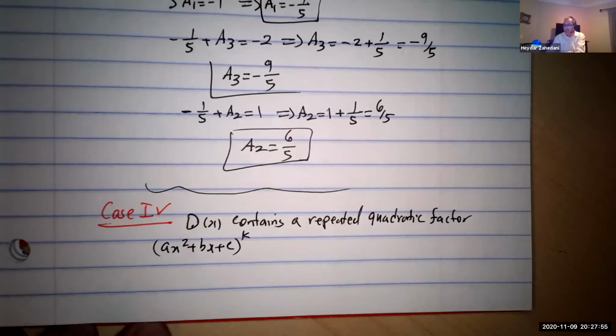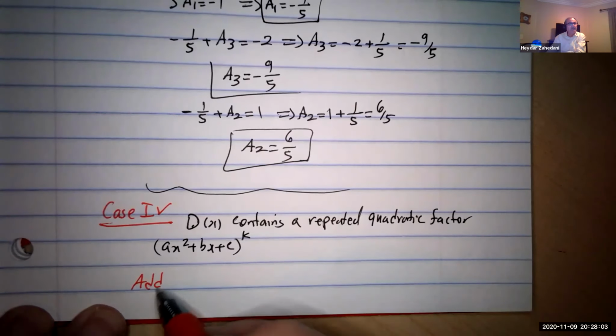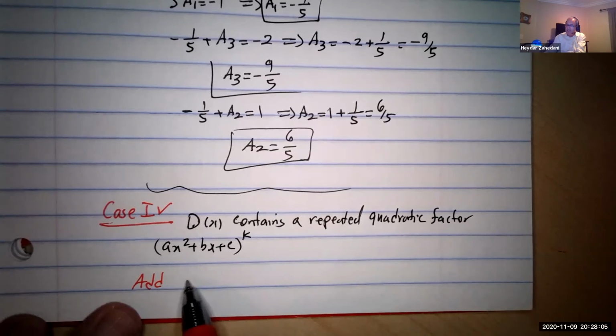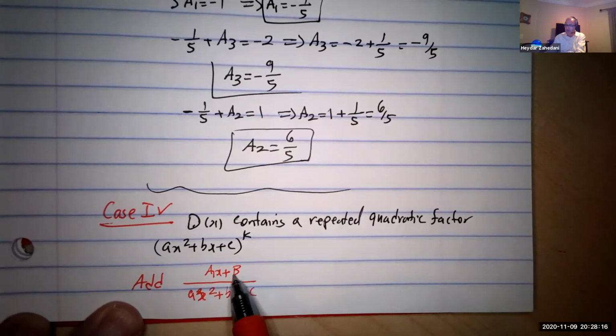It's going to be a square at most. Okay, if this is going to be the case, you are going to add, quite a lot. For ax squared plus bx plus c, this is going to be a1x plus, let's say, b1.